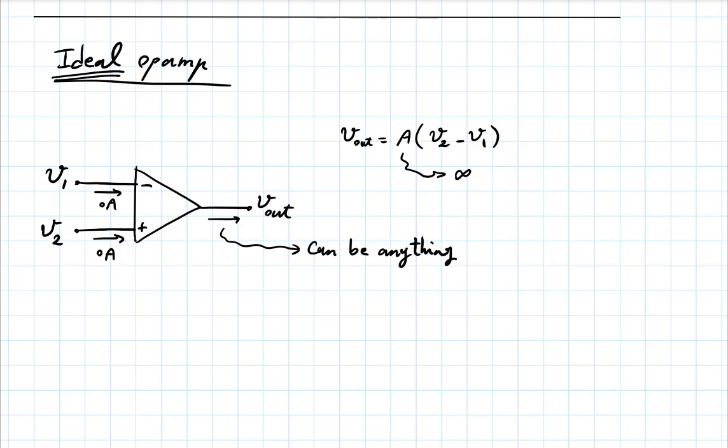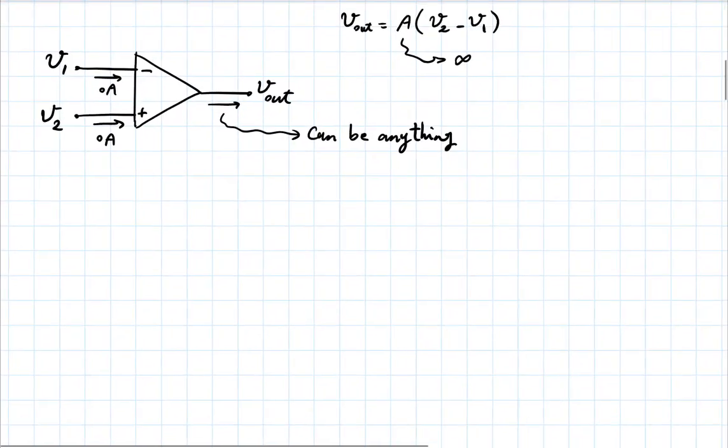Conversely, if you build a circuit to keep the op-amp within a range where the output is not going to tend toward infinity, meaning it won't get stuck at one of the power supply levels, it won't saturate, then it will require that the voltage difference between the two inputs be 0. So let me write that down.